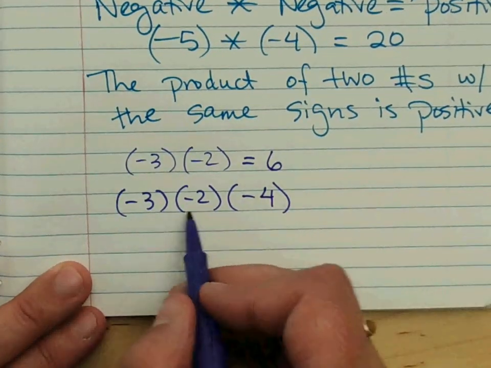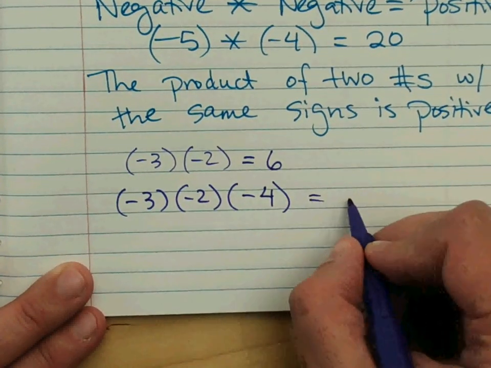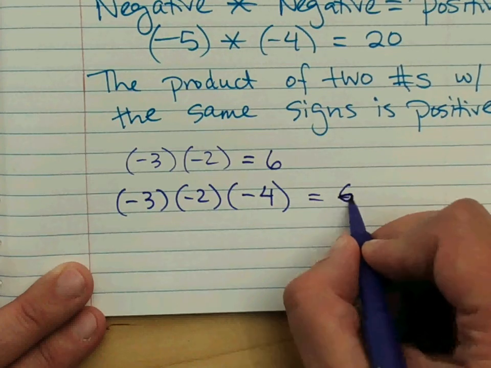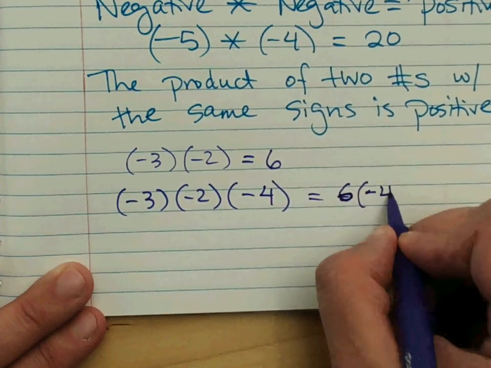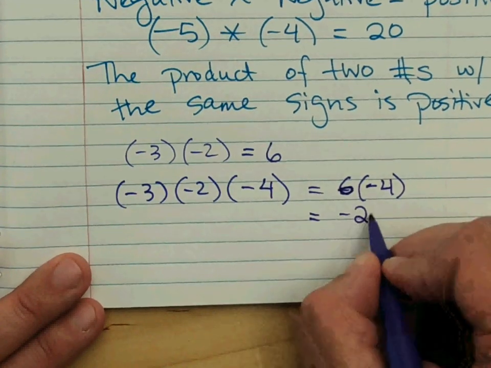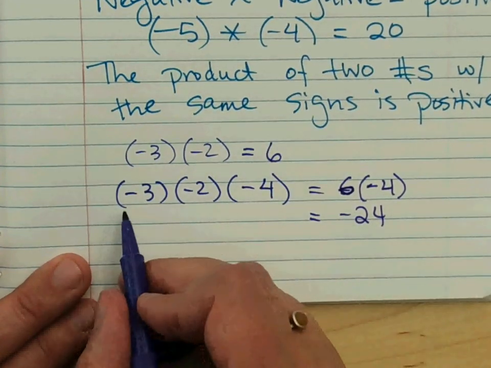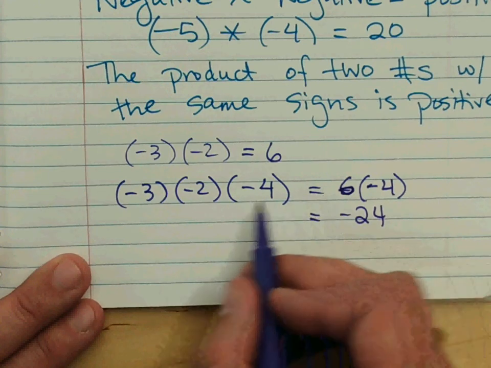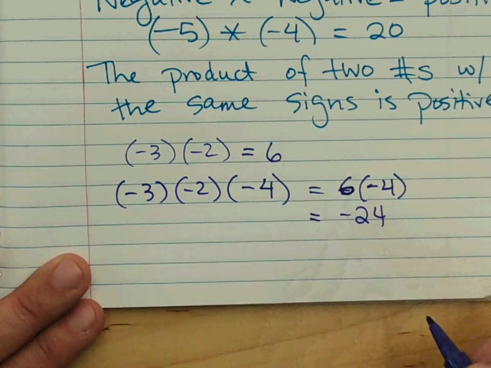Well, still the negative 2 times the negative 3 gives us a positive 6, right? What's a positive 6 times a negative 4? Negative 24. So when we have an odd number of negatives, what's our product going to be? Negative, when we have an odd number.